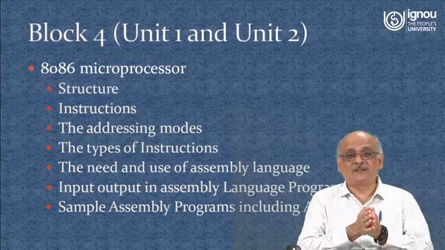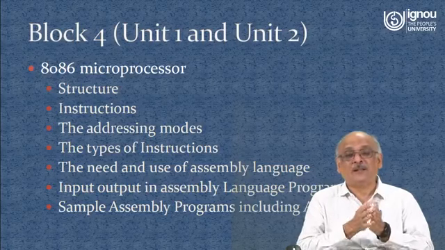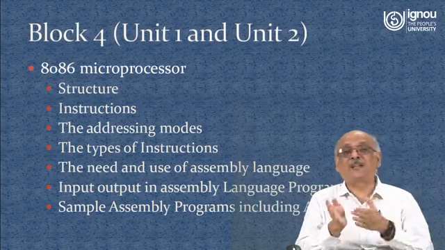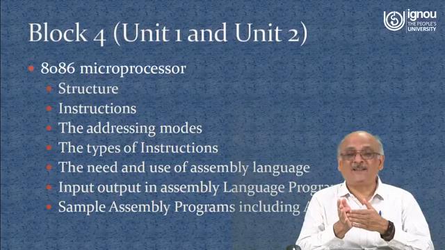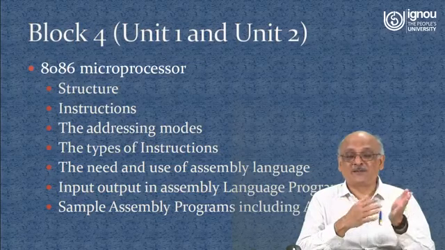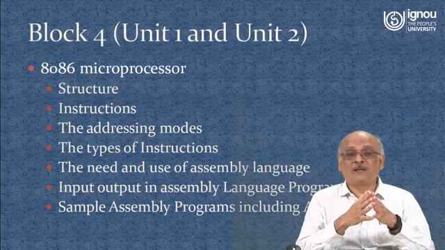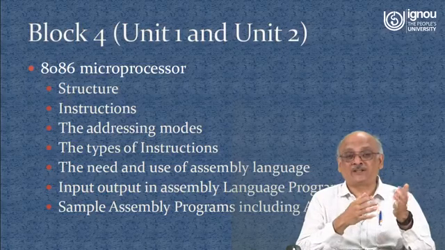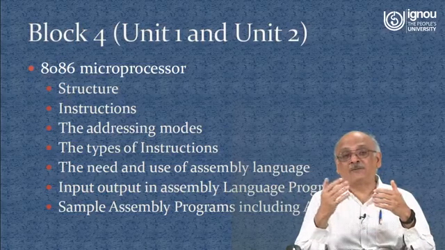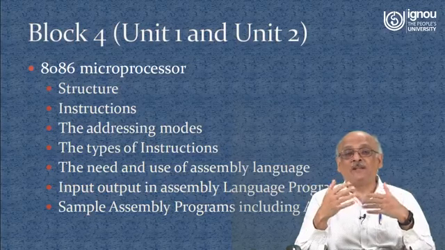Input output in assembly language programs with the help of interrupts. It's very important how a software interrupt can be built into the system. In this assembly language program, we use interrupt 21H, not only to exit, but with different functions we can utilize it for input and output.